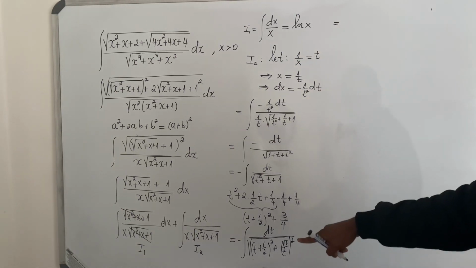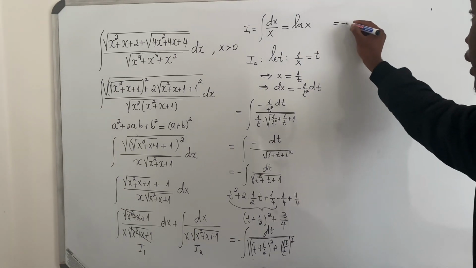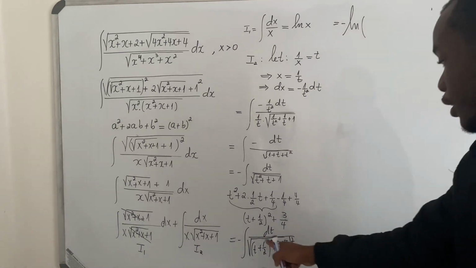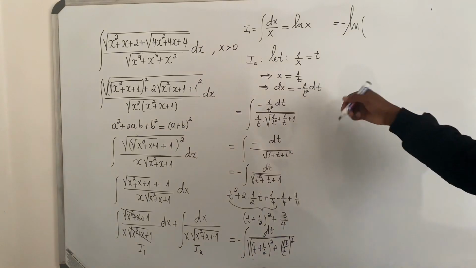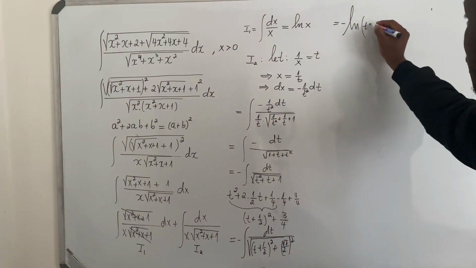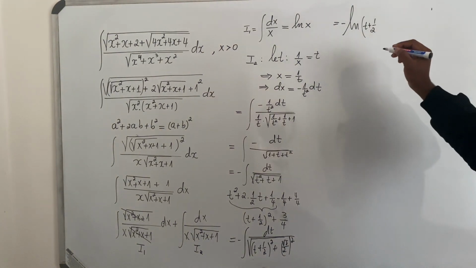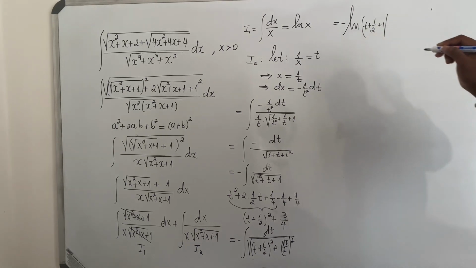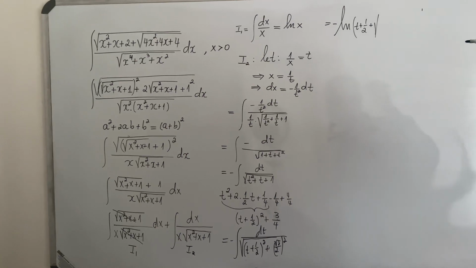This is a standard integral, which is equal to ln. So this is going to be negative ln of, this is now my t, so t plus 1 over 2 and plus the square root of, now what is going to happen?